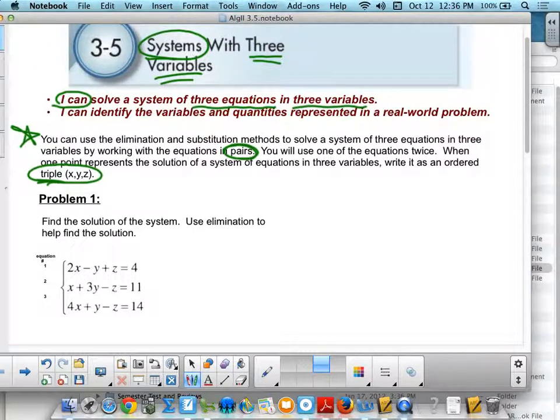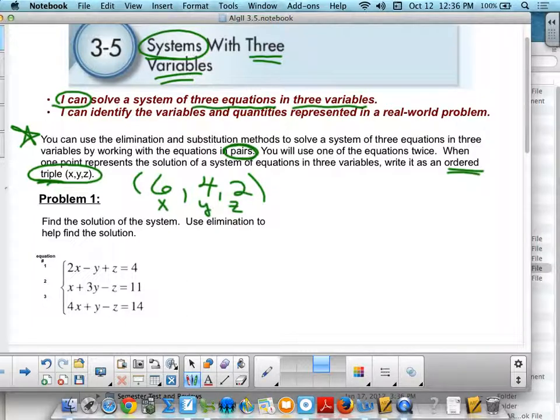Usually you hear the word ordered pair. Well, now it's ordered triple. So here's what I mean. When you're all done, this is what your answer sounds like. 6, 4, 2. There's your answer. Which one's x? 6. So it goes alphabetically x, y, z. Correct?